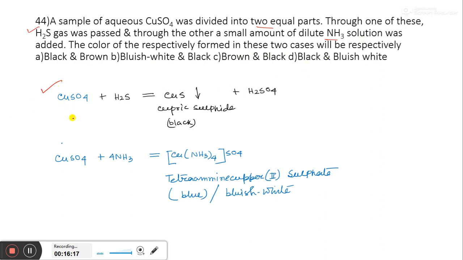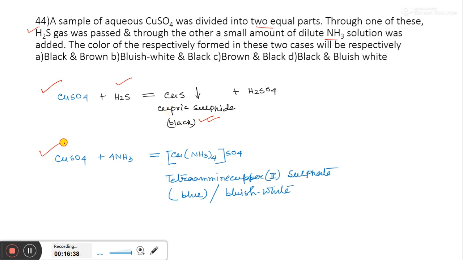Now when blue copper sulfate reacts with H2S in a very slightly acidic medium, CuS will form, which is black in color, along with H2SO4. So when CuSO4 reacts with H2S, black CuS will form.